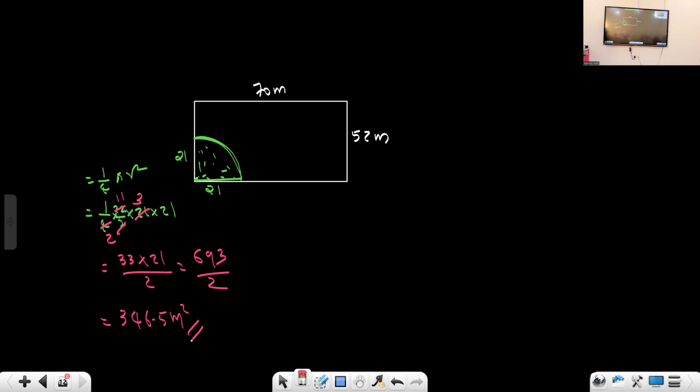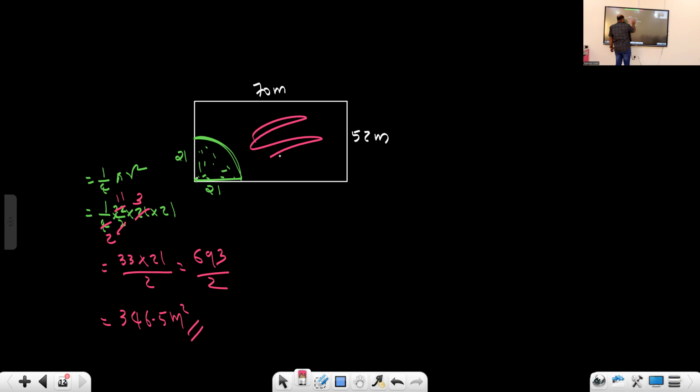Ungrazed area after this: 70 into 52 minus 346.5, because they are asking about the ungrazed area.